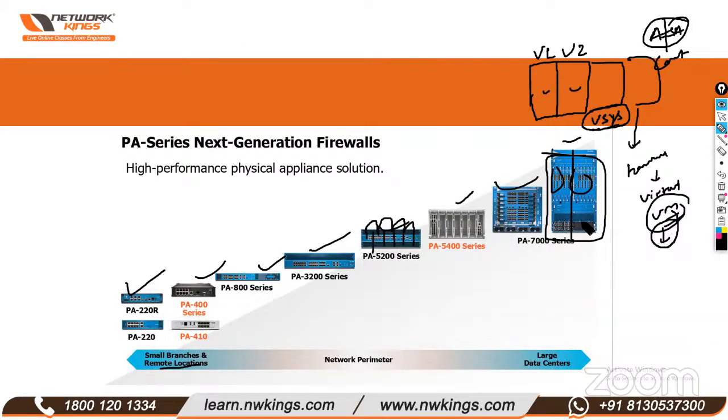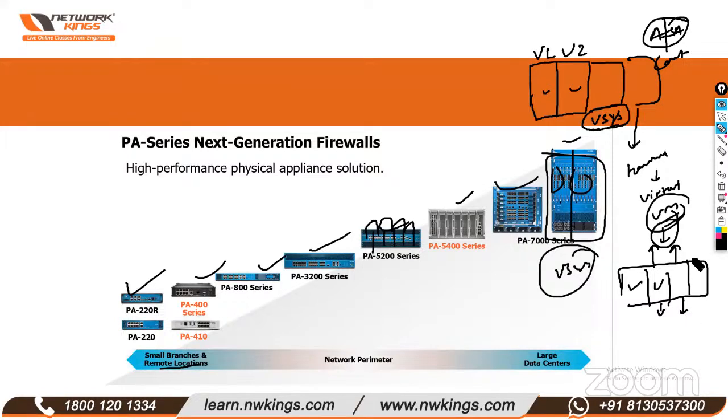You can create virtual systems, saying this is for my partner, this is my inside database network, or this can be a server zone. You can divide it accordingly. The traffic will not go from one virtual system to another. We will have the provision to do that, though.